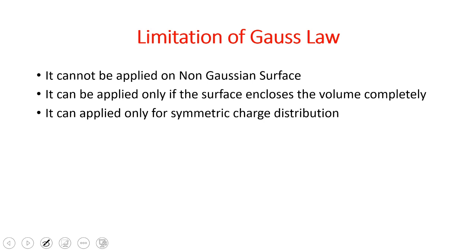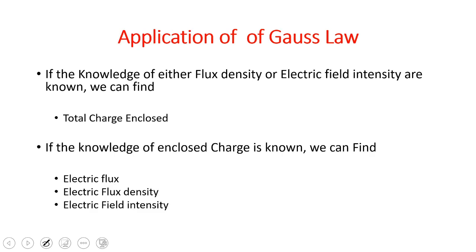What is symmetrical charge distribution? If we divide it into two equal halves, the left side must be equal to the right side charge. An example of symmetry is a human body. Whatever is in the right side of a human will be in the left side. So these are the limitations of Gauss law.